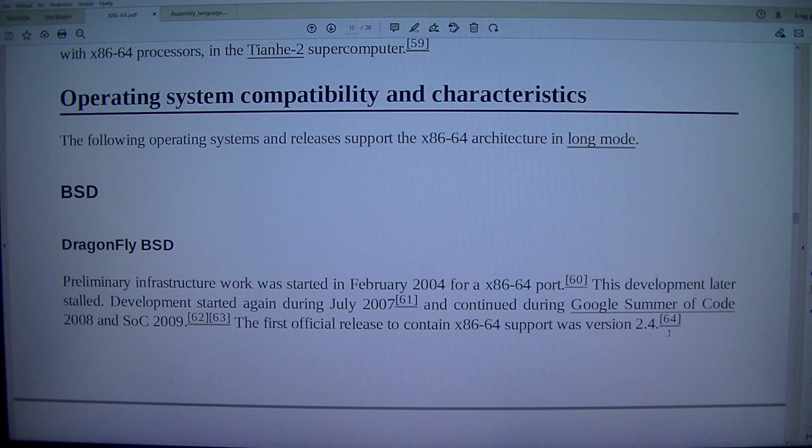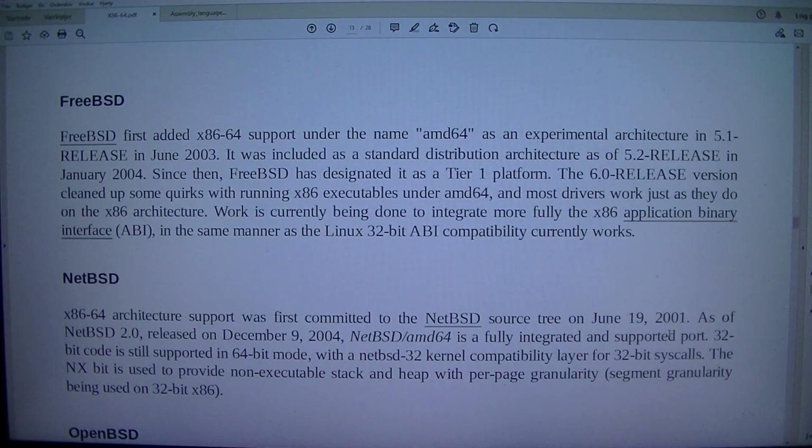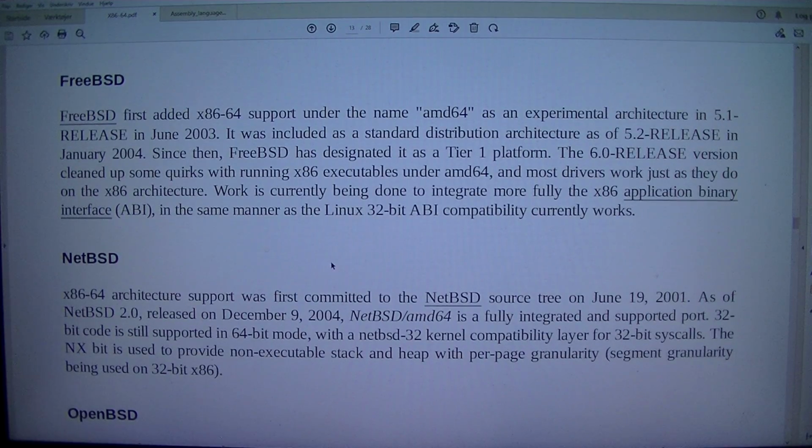The first official release to contain x86-64 support was version 2.4. FreeBSD. FreeBSD first added x86-64 support under the name amd64 as an experimental architecture in the 5.1 release in June 2003.